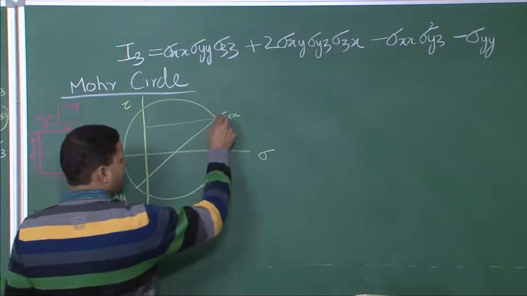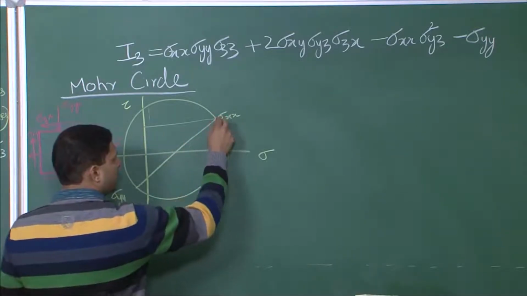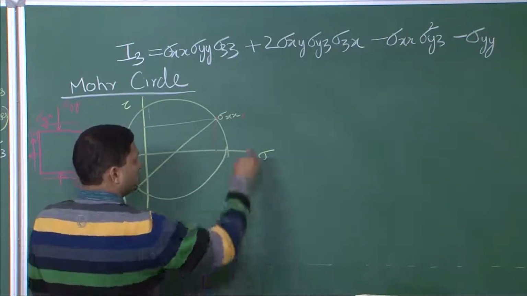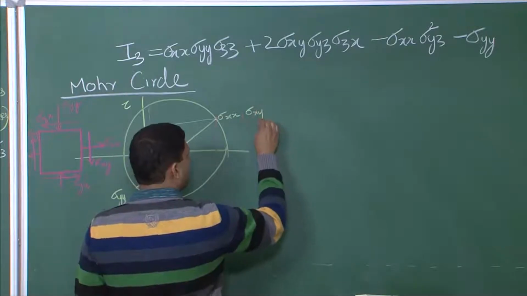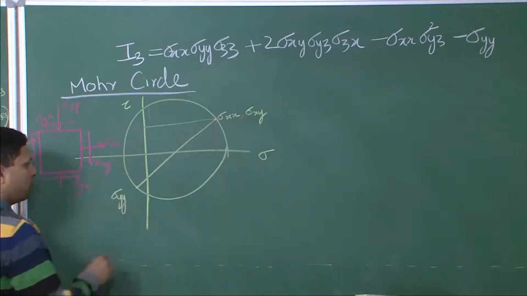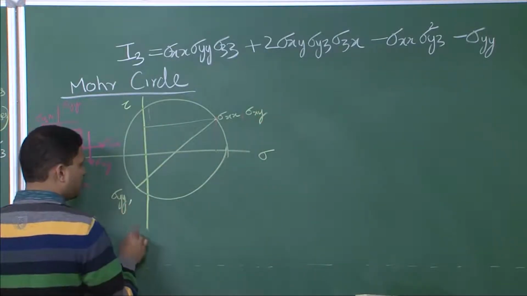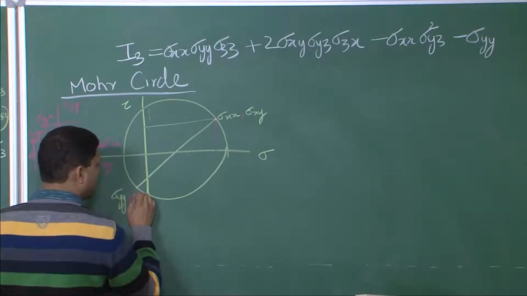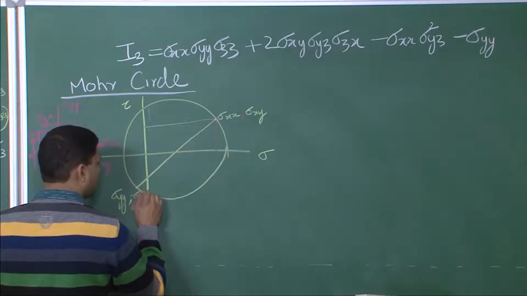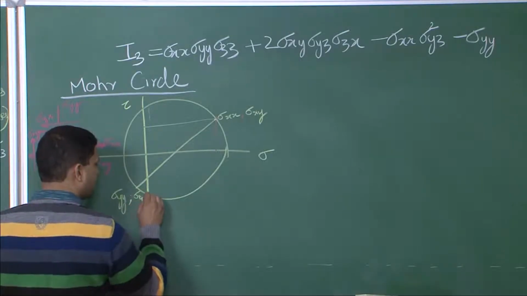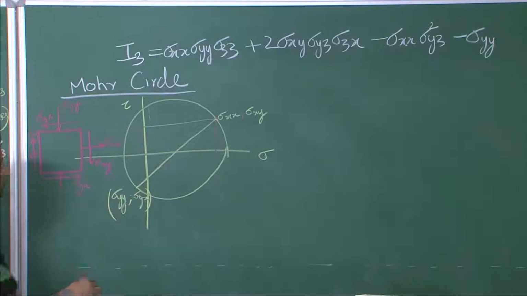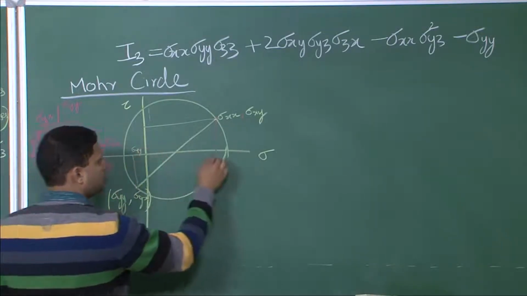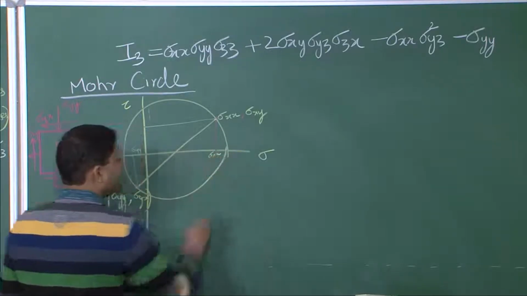So, sigma xx is on the x axis, and on the y axis we have sigma xy. Over here we have sigma yy, and on the y axis minus sigma xy, which is equal to sigma yx.